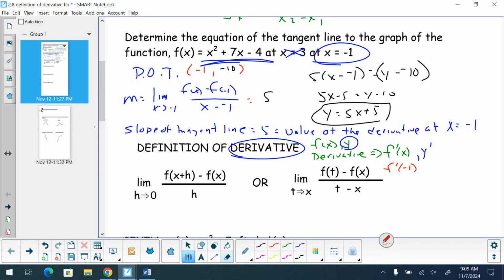This will be the symbolization: f prime at negative 1 is the slope at our x value of negative 1. So it's a way of being able to symbolize the idea of a derivative and also a function idea with respect to the function value of a derivative.